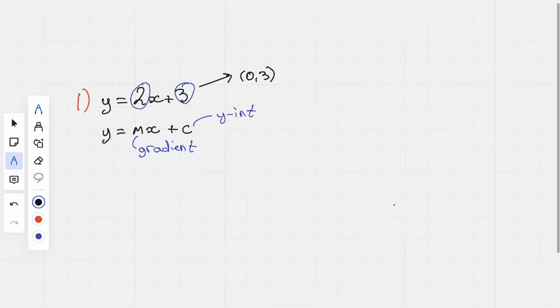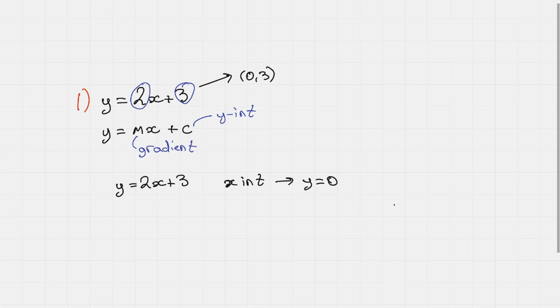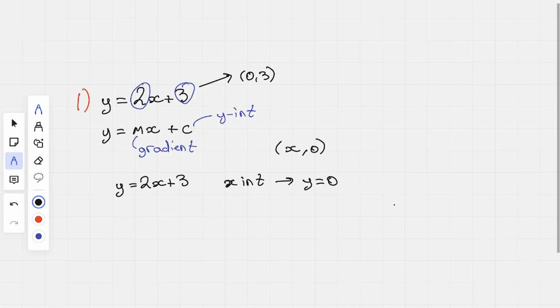Now in order to find the x-intercept, let's rewrite the question. In order to find the x-intercept, y needs to equal 0, because when you're finding the x-intercept, it would be (x, 0), because it's going to be somewhere along the x-axis.